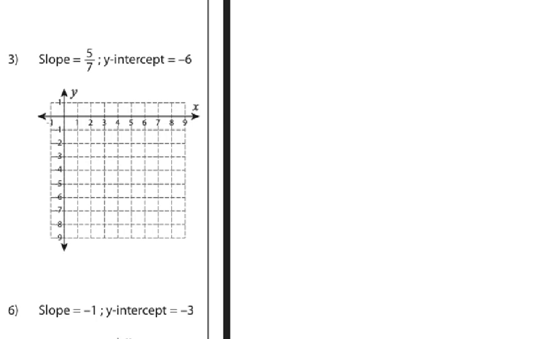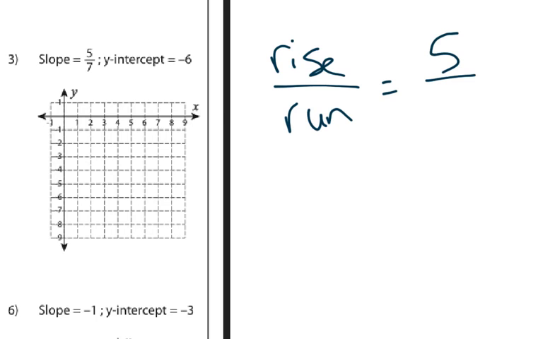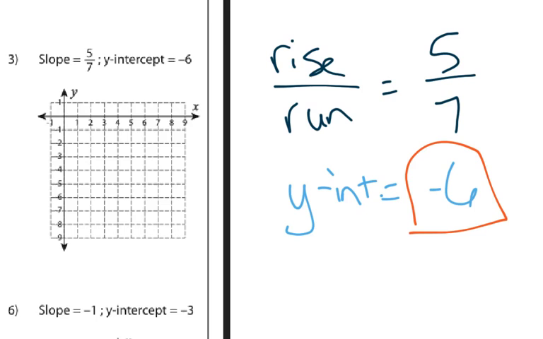3 says the slope is 5/7. So it's positive, so we're going to be rising. So we're going to rise 5 and run 7. But we're going to start with the y-intercept of -6. So our first point is going to be at -6. And then we're going to rise 5 and run 7.